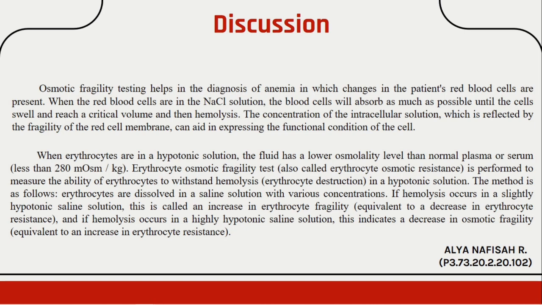withstand hemolysis, erythrocyte destruction in a hypotonic solution. The method is as follows. Erythrocytes are dissolved in a saline solution with various concentrations. If hemolysis occurs in a slightly hypotonic saline solution, this is called an increase in erythrocyte fragility, or equivalent to a decrease in erythrocyte resistance.